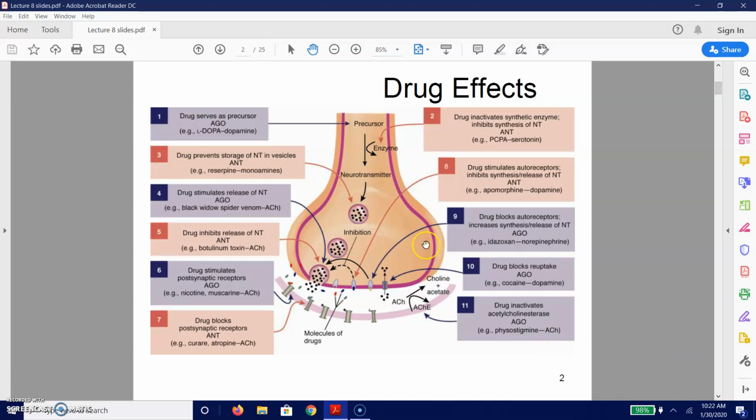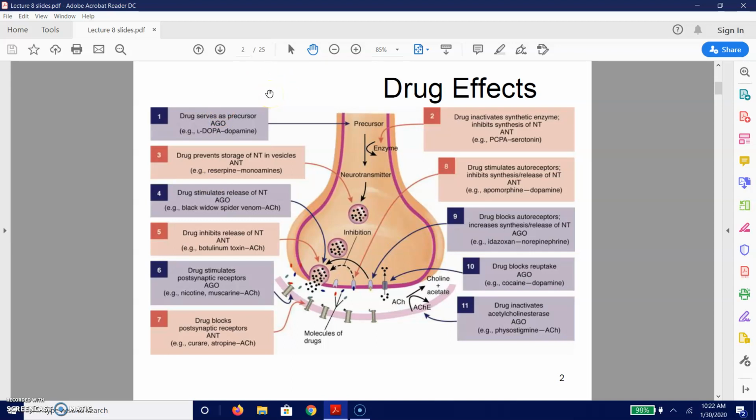You can see in this figure, agonists are coded in purple, and the antagonists are coded in peach. So I'm going to start by talking about some of the different ways that a drug can serve as an agonist first, and then I'll talk about the antagonistic functions.